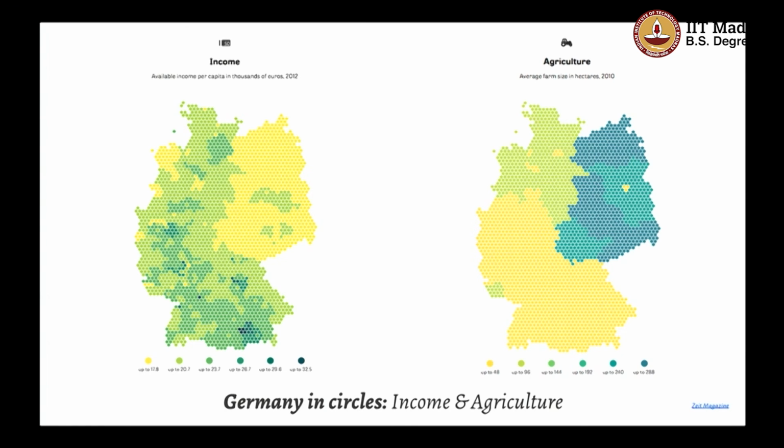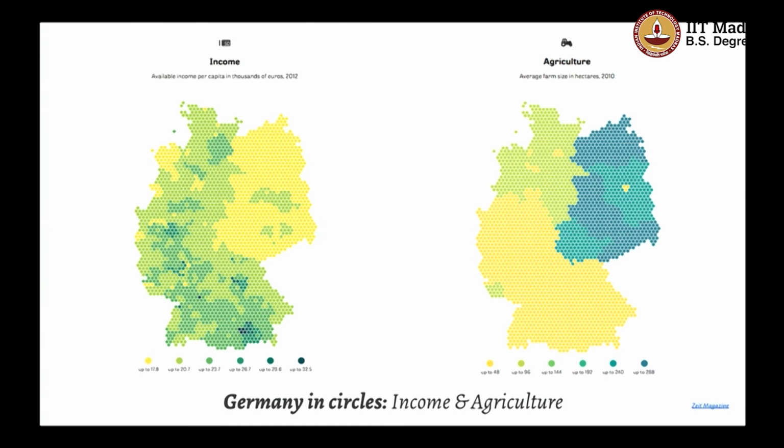And this map, which is more recently made in the 2010s, talks about how even today the average income, GDP per capita, or the amount of agricultural farm size is very different between East Germany and West Germany, right? So you can see that East Germany, very socialist, was far more focused on farming and agriculture under USSR rule, whereas the west side had a lot more tech focus, engineering, manufacturing, and you see a stark difference between the two.